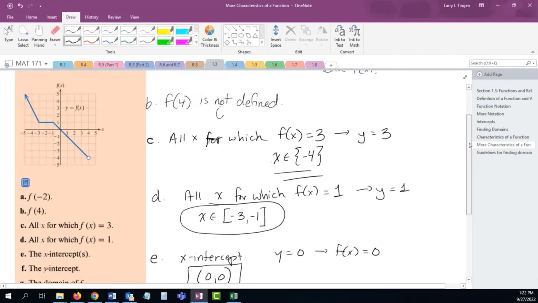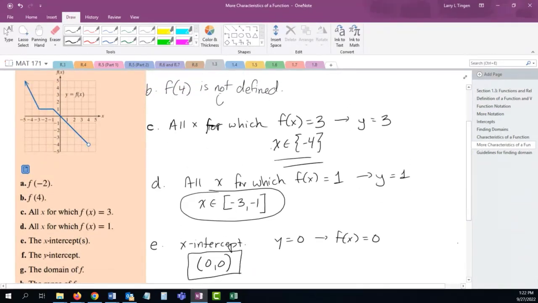How about domain and range for these? For domain and range, we're looking at all the x values that are possible, and all the y values that are possible. If I take a look at my graph, reading it left to right, I'm coming down from positive infinity, and I follow it, stop, and then I have an open circle right there around the point (4, -4).